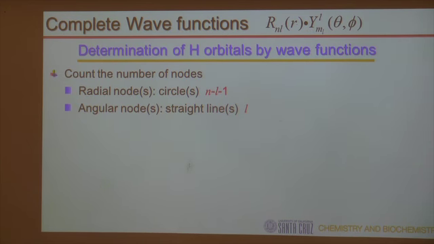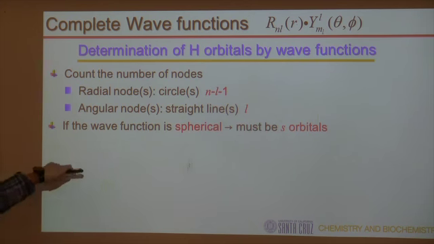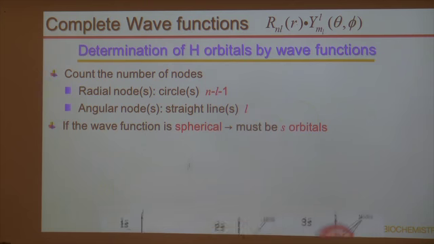Once we get n and l, we know the orbital notation. The first thing is, if the wave function is spherically symmetric, or is just a sphere, it must be an s orbital, because an s orbital is independent of the angular part. So the angular part is uniform everywhere, and it will form a sphere. Something like that.